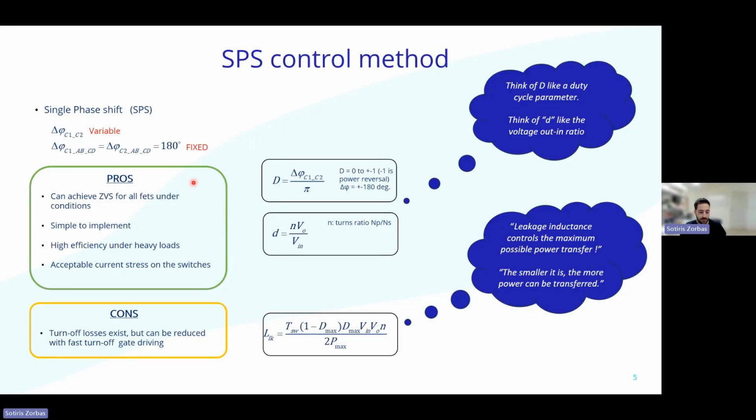Actually, one of the main topics is to see the zero voltage switching. One other thing is that it's simple to implement because, as you know, that's the simplest one to implement, 1 degree and 1 phase to control. So that's that. We have high efficiency under heavy loads, and we have acceptable current stresses on the switches.